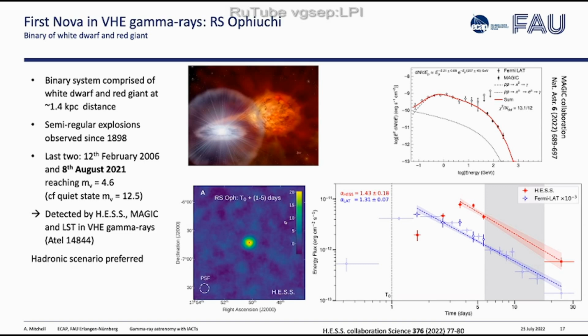Unfortunately, VERITAS had a seasonal shutdown at that time. We see the very high energy emission extending over several days, and even up to a few weeks later there was still some signal from this system. In both interpretations, the hadronic scenario is in general preferred for the acceleration here.